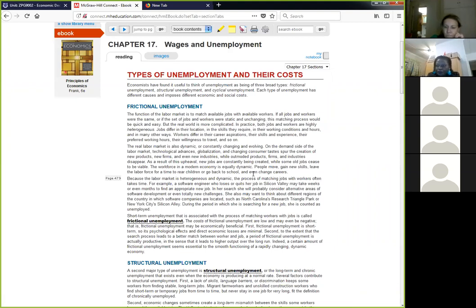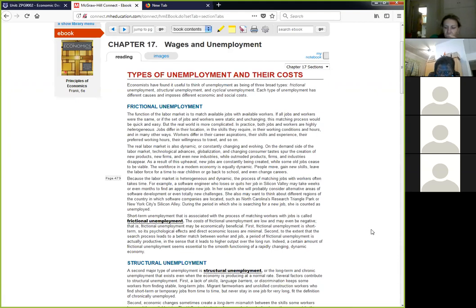If all jobs and workers were the same, or if the set of jobs and workers were static and unchangeable, the matching process would be easy, right? The thing about this is that jobs differ in location and the skills they require. So frictional unemployment has got to do with a skills mismatch. And that's the biggest problem in South Africa. It's a skills mismatch.